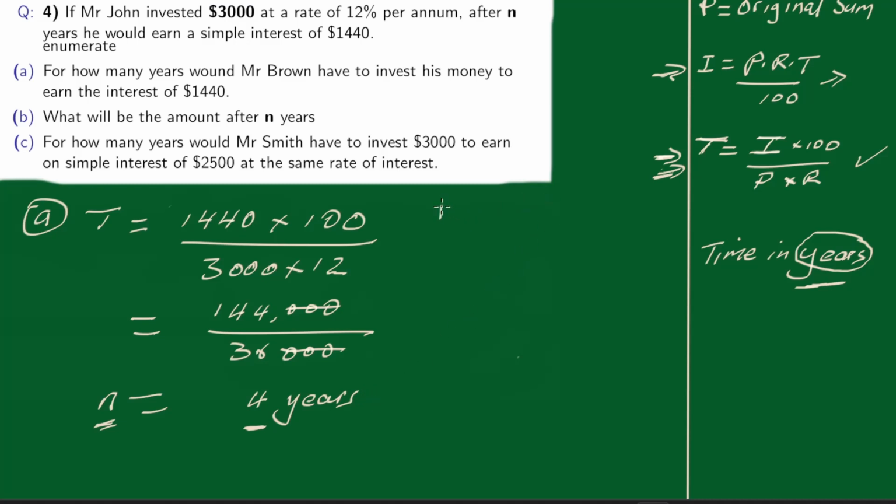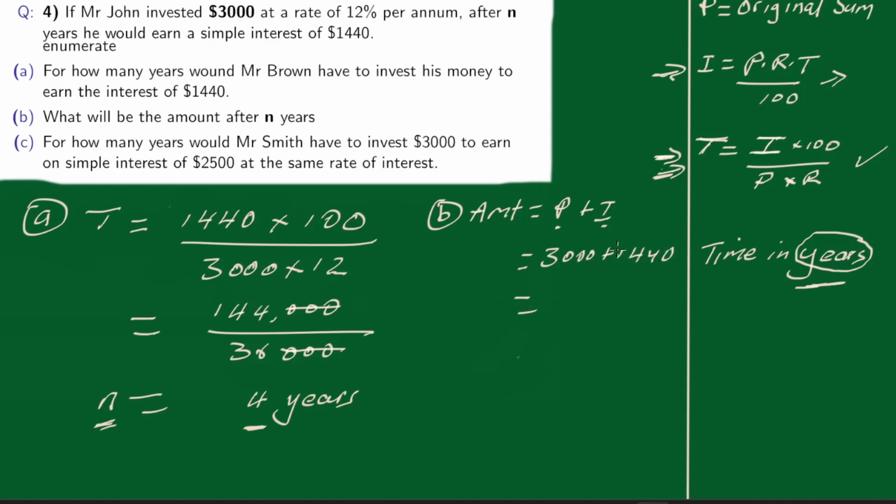So part B wants us to find the amount, and we saw what the amount is. The amount is the principal plus the interest. So the principal, the original sum invested, plus the interest earned on the investment. And in this case, the principal was 3,000 plus interest, which is 1440.